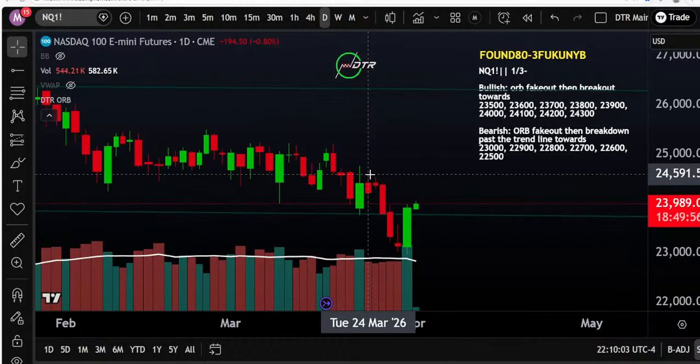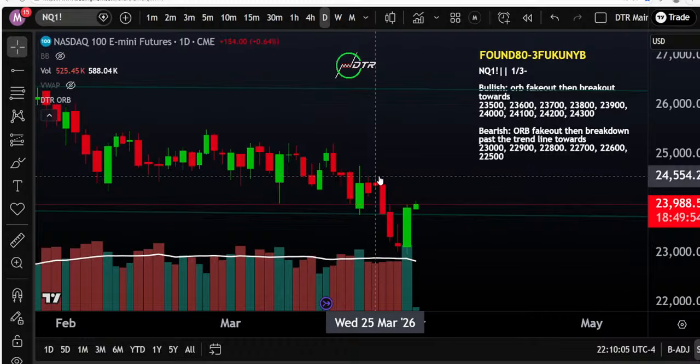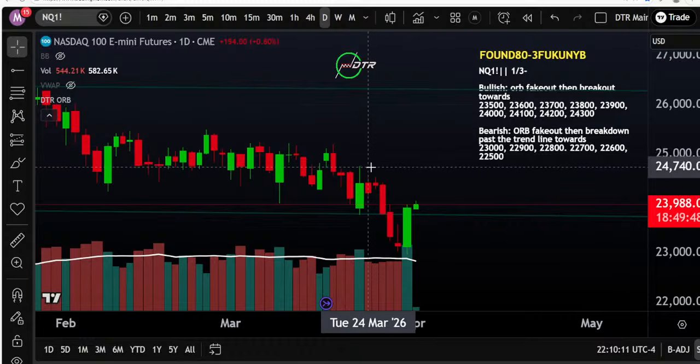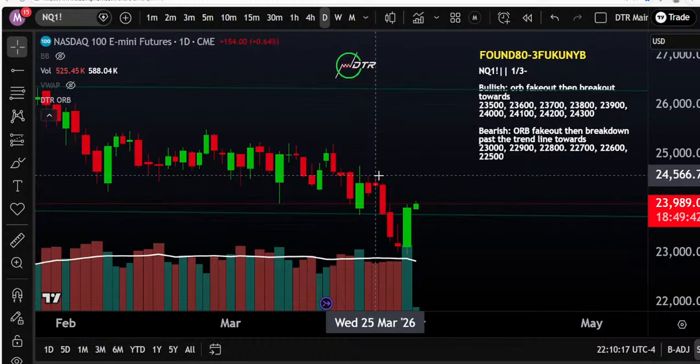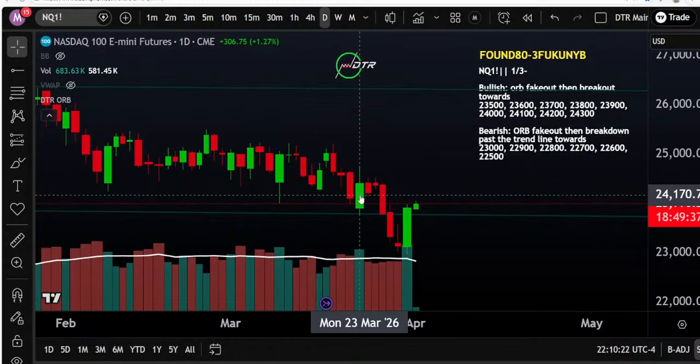And then Tuesday's high is 554 and Tuesday's low is 146. So the high is not higher than the previous high and the low is not lower than the previous low. All of the price action is inside the previous candle's range. So that's what's called an inside bar.